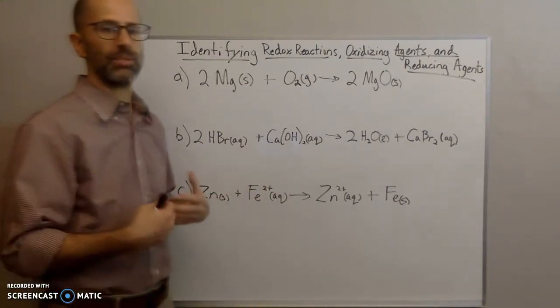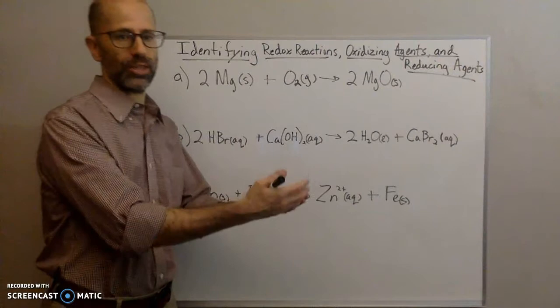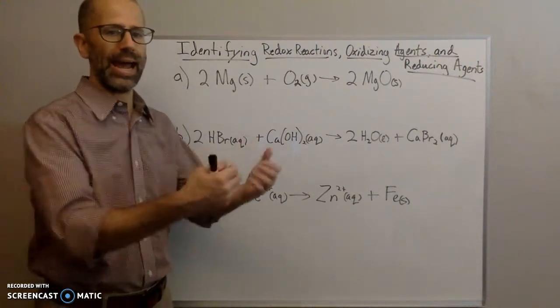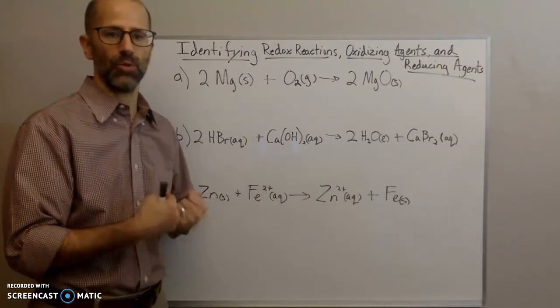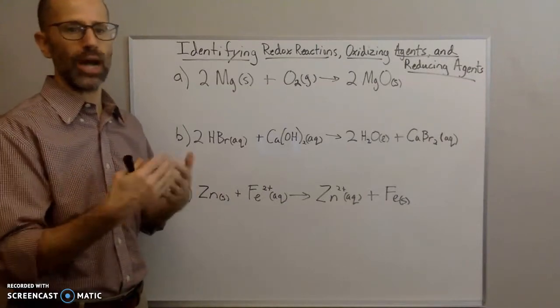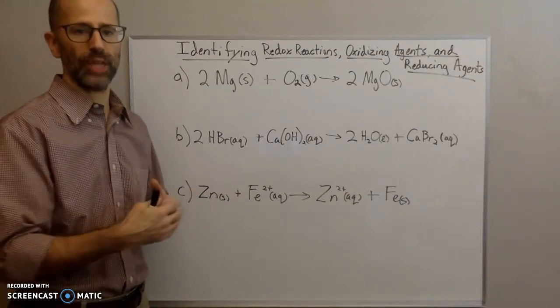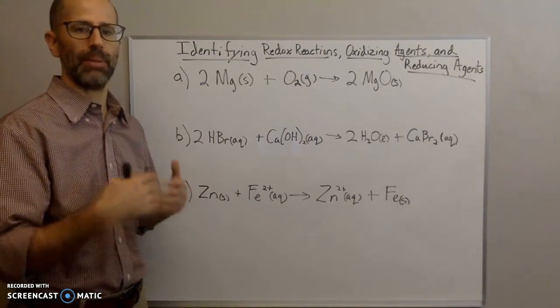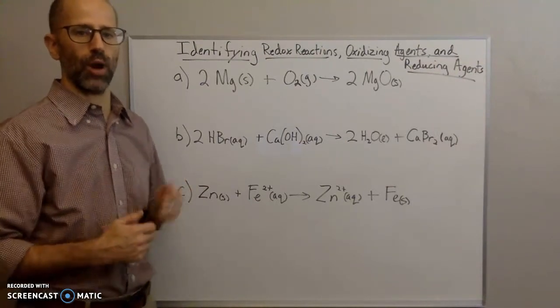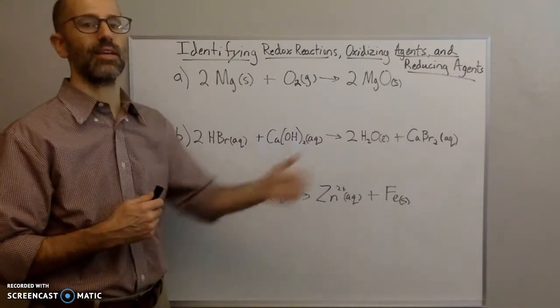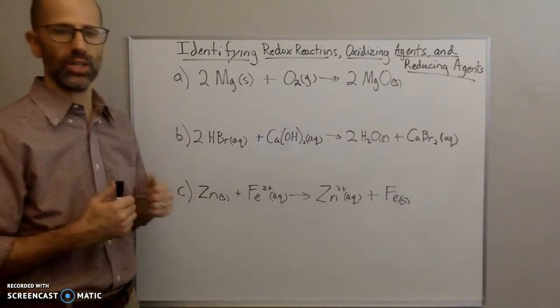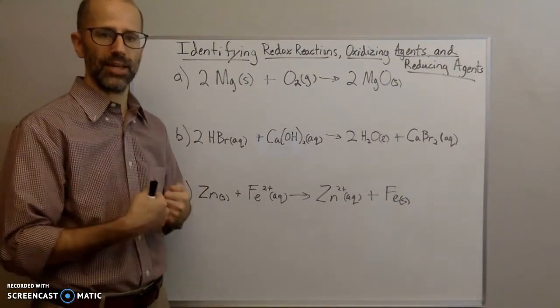So if something is being oxidized and losing electrons, another thing has to be gaining those electrons and being reduced. The two processes go on simultaneously. They don't happen by themselves. Reduction and oxidation happen together.